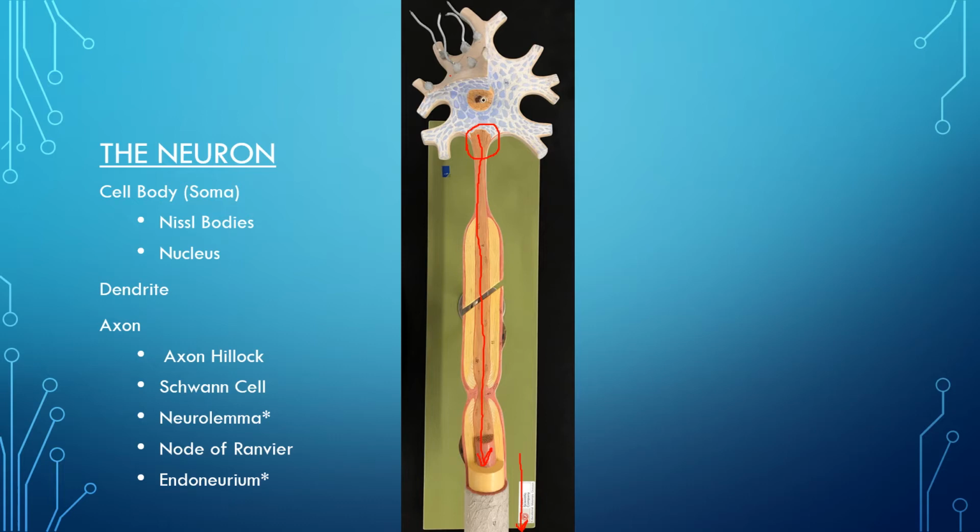Also associated with the axon are these yellow structures called myelin sheaths. Myelin sheaths are formed when special cells called Schwann cells wrap themselves many times around the axon of a neuron, and they insulate it.